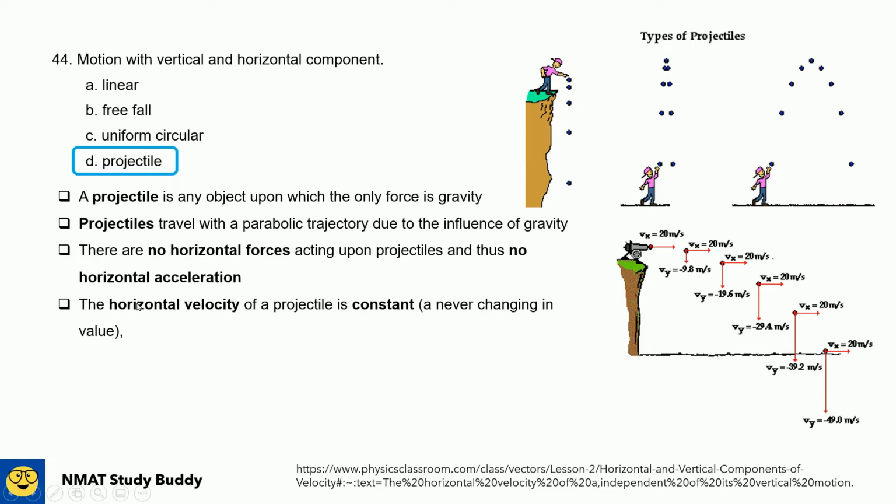Ayan, sabi dito, the horizontal velocity of a projectile is constant or a never-changing in value. And then there is a vertical acceleration caused by gravity. Its value is 9.8 meter per second squared. As you can see in this illustration here, dito sa peak ng trajectory, walang velocity at y component kasi pabagsak na yung bola.